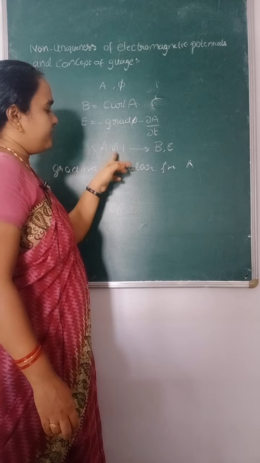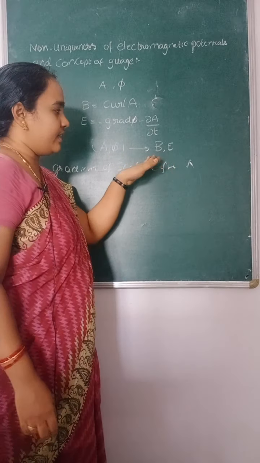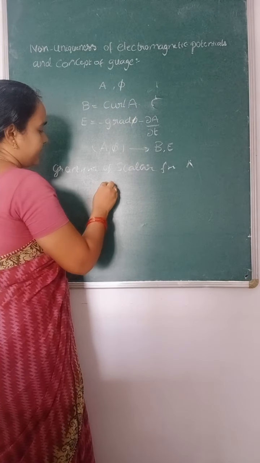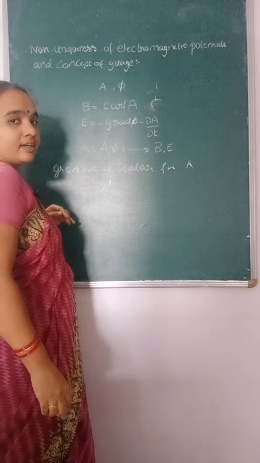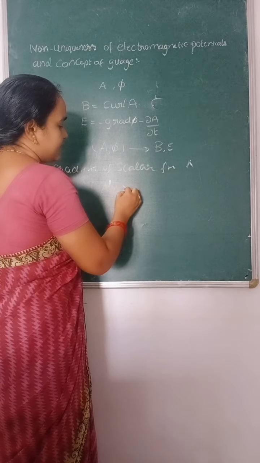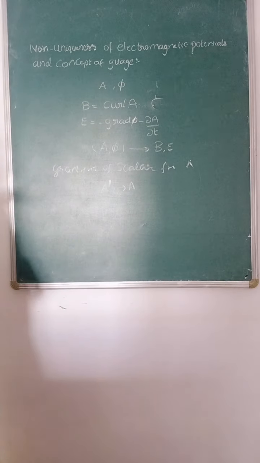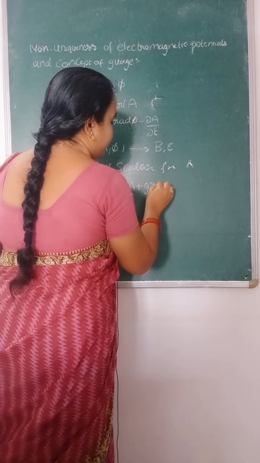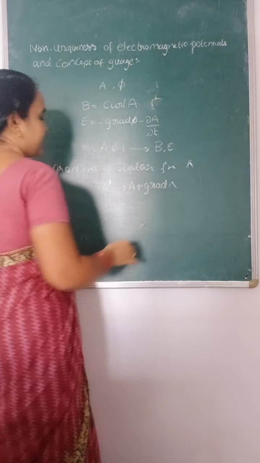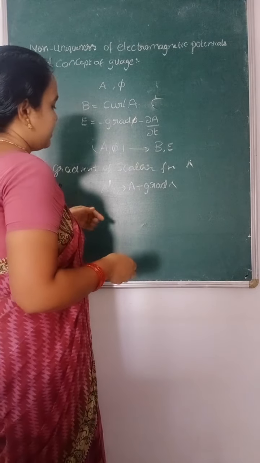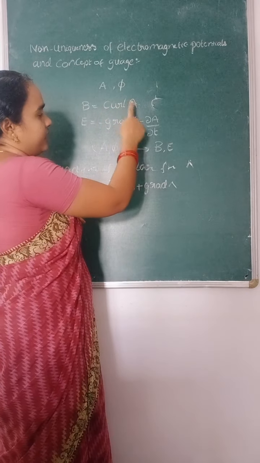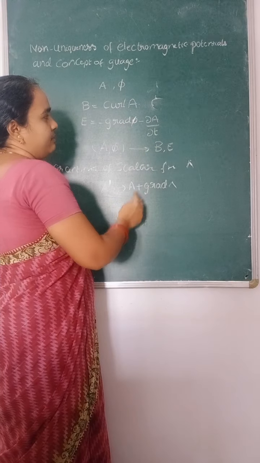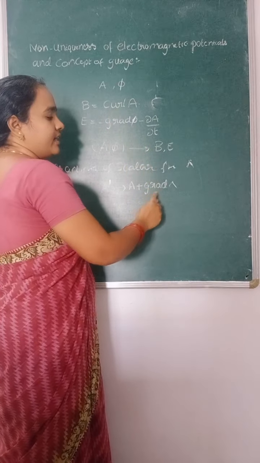So for the A and phi set, the electric and magnetic field vectors are the same, and I am assuming another magnetic vector potential as A plus gradient of psi, where psi is the scalar function, such that curl of A plus gradient of psi is curl A plus curl of gradient of psi.